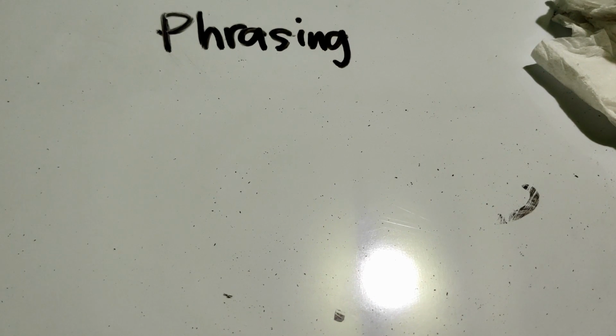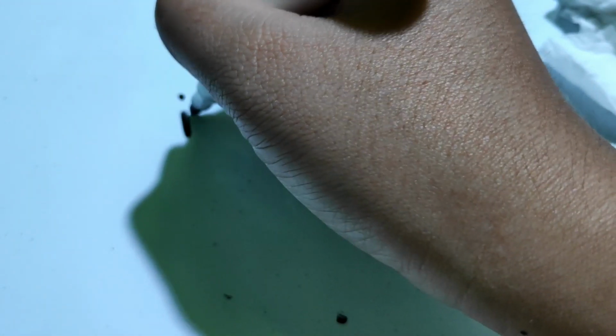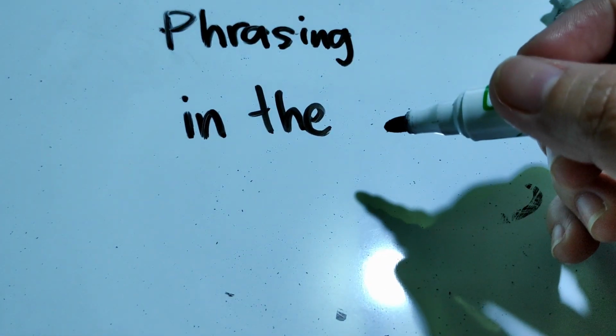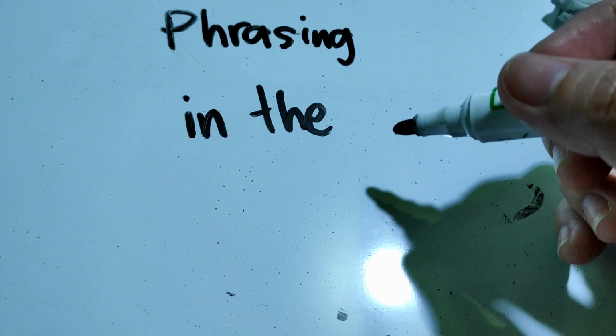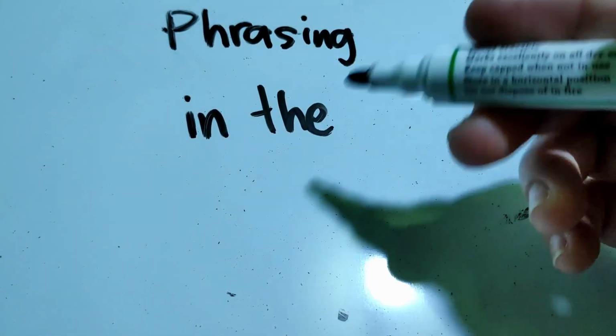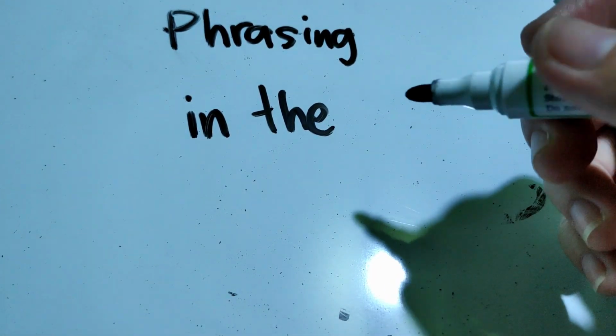For the next or the last phrasing on this lesson is the in the. So in stenography, daghan mga type of brief forms, daghan pud nga mga type of phrasing. But later on, you will learn that as the lesson goes by, as mag-progress ta sa ato ang lesson.